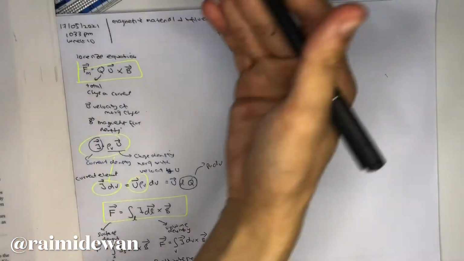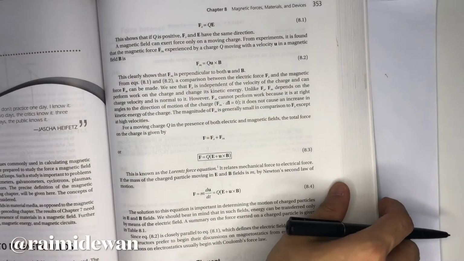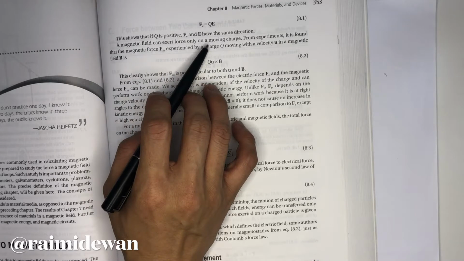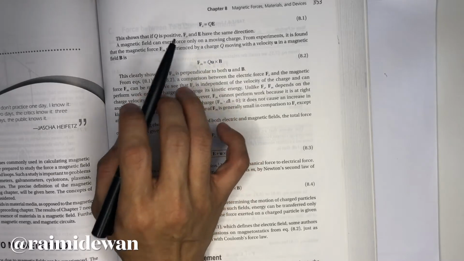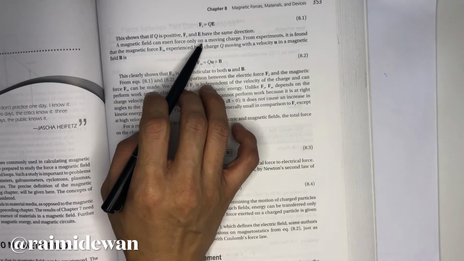Then when we expand with regard to the magnetic force, a magnetic field can exert force only on a moving charge. So remember this: a magnetic field can exert force only on a moving charge.